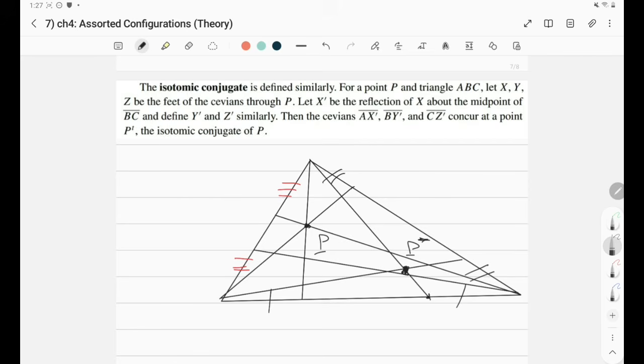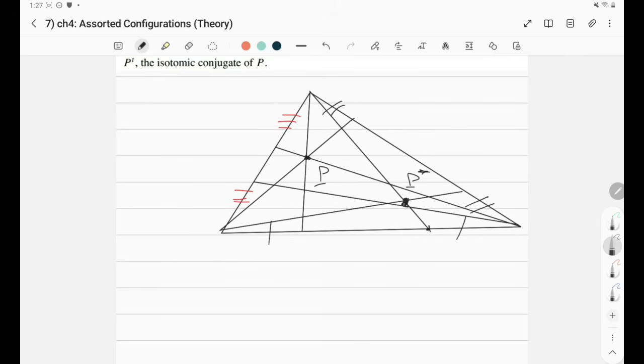Okay, again, how to prove that? Well, using the same idea, we can turn it into Ceva, because we can define P as the concurrency of three cevians. Then we define them using the lengths.